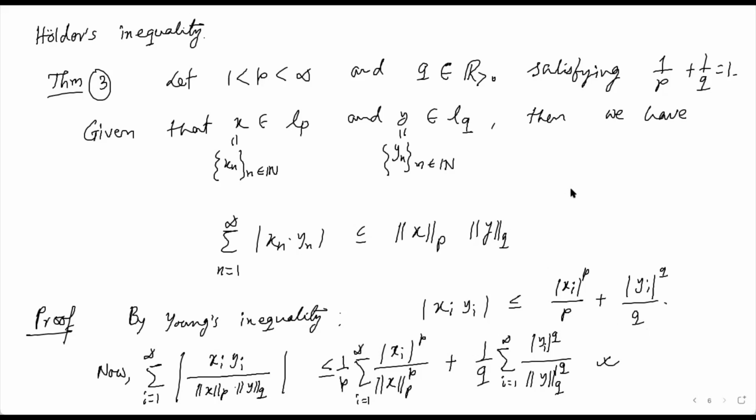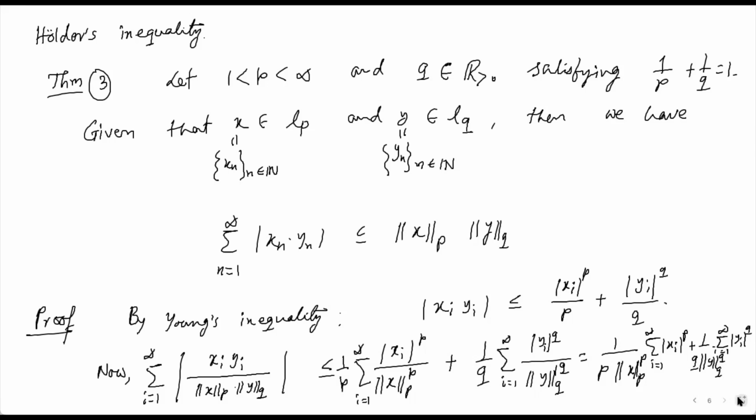Then what we have is 1 over p times the p norm of x to the power p, times the summation of the absolute value of x_i to the power p over i equal to 1 to infinity, plus 1 over q times the q norm of y to the power q, times the summation of the absolute value of y_i to the power q over i equal to 1 to infinity.